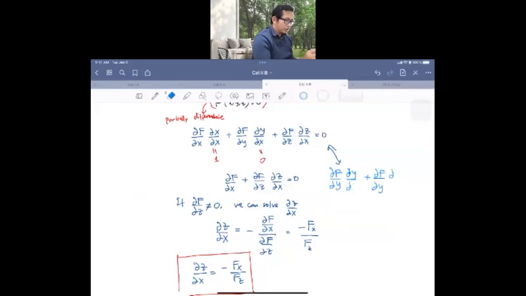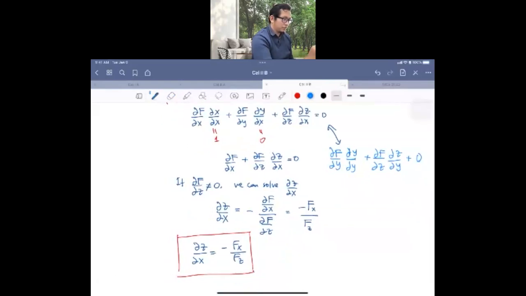Oh, sorry, should be y. And then dou z dou y, and the same thing, this is 0. Same thing, we will have dou z dou y is negative partial y over partial z.